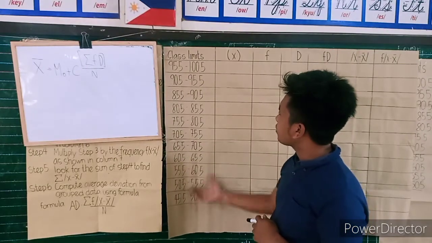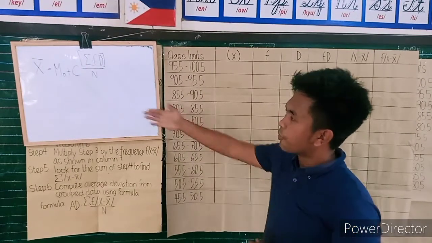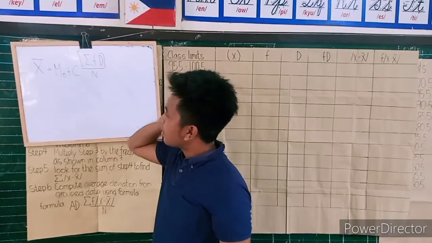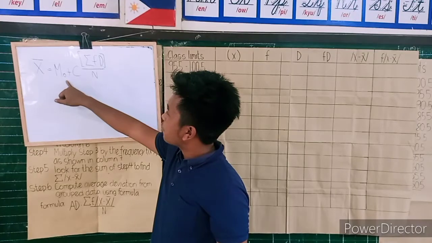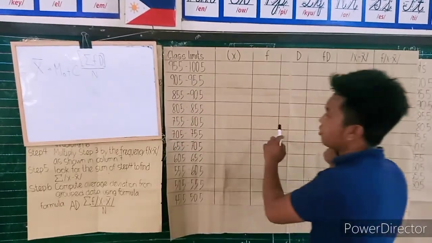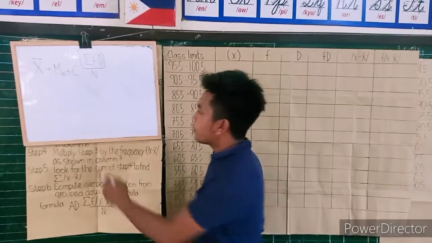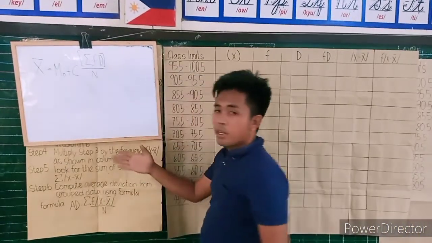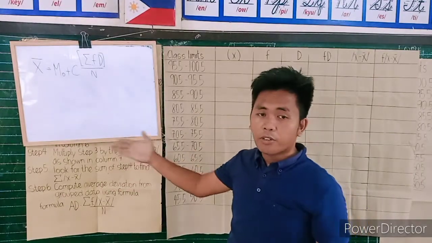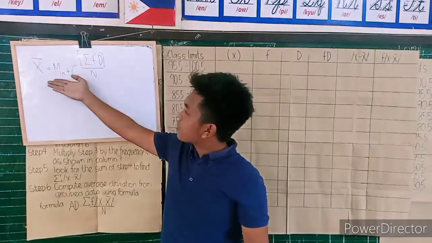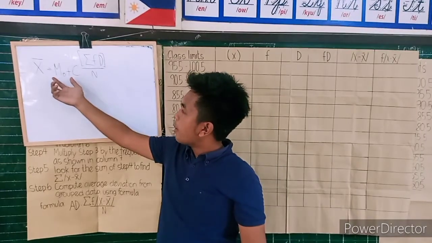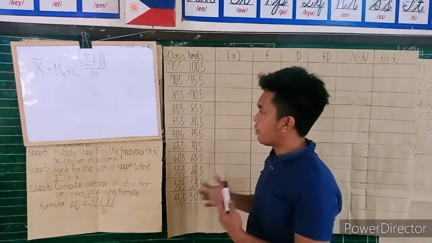In order to get the arithmetic mean shown in step 1, we need to find this class interval, the frequency, the deviation, the number of cases, and the midpoint of origin, or deviation.